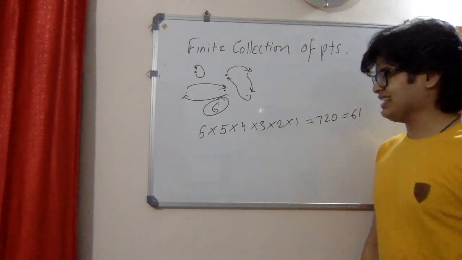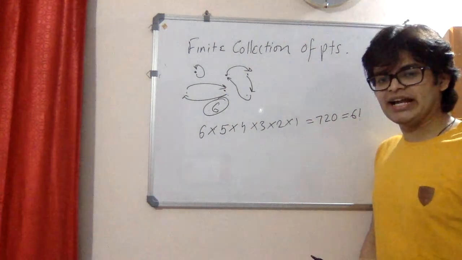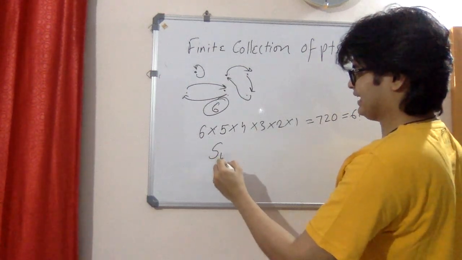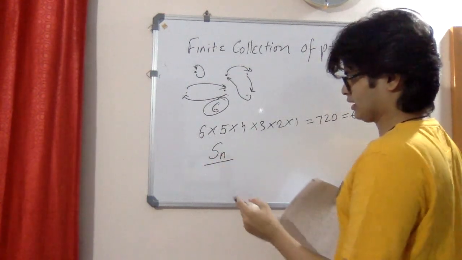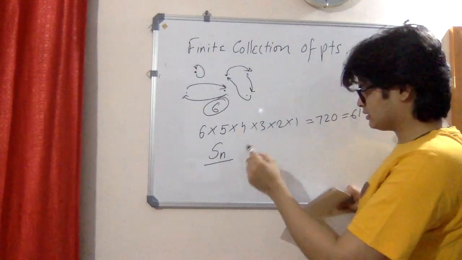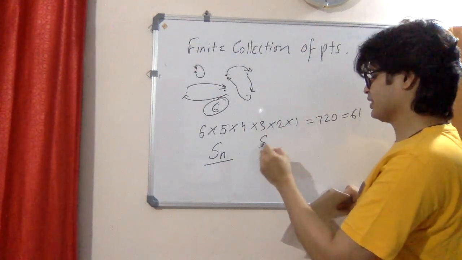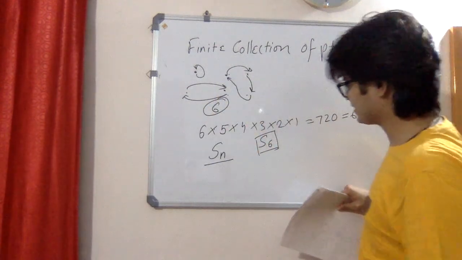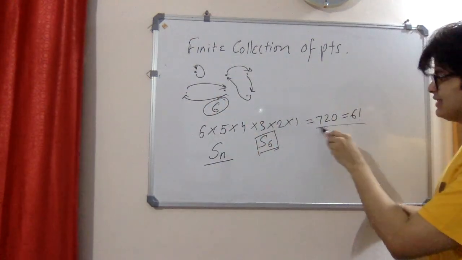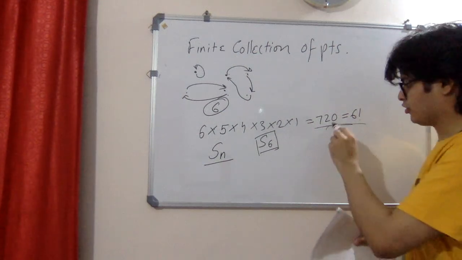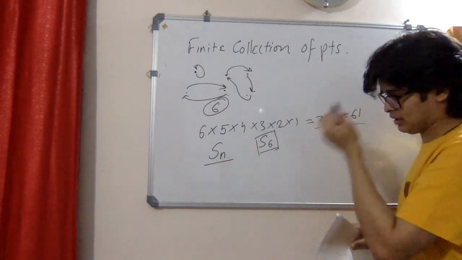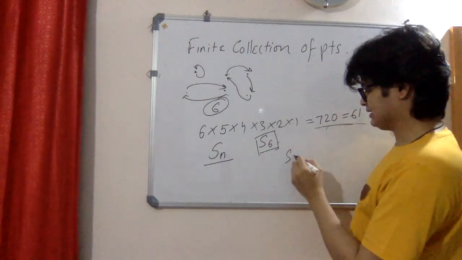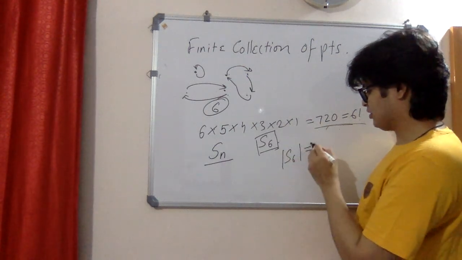So symmetries of finite objects, the symmetric groups, are denoted by Sn. Now in this case the symmetric group is S6 because we have 6 points, and the number of symmetries of the group S6, or we can say 720, is the cardinality of this group.